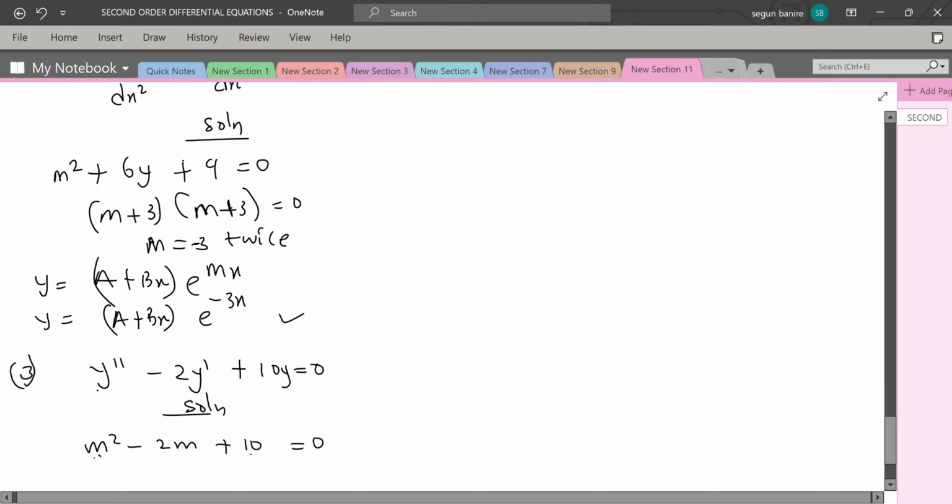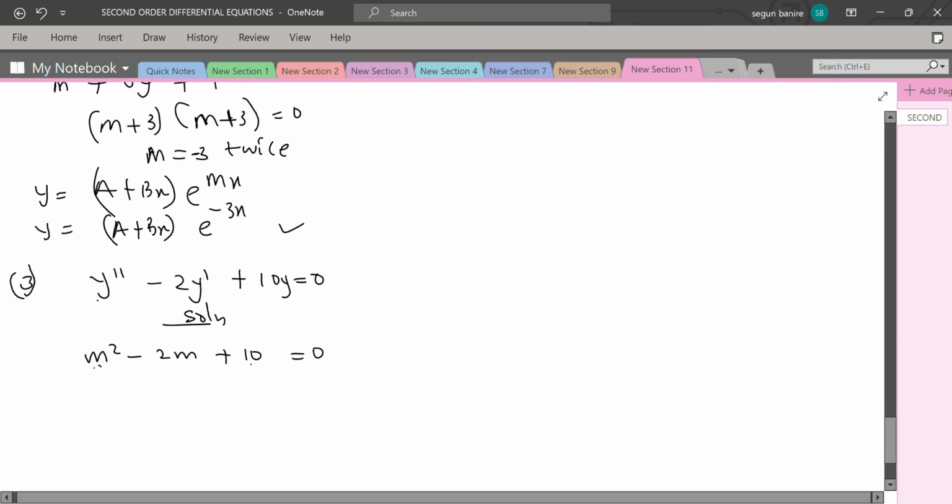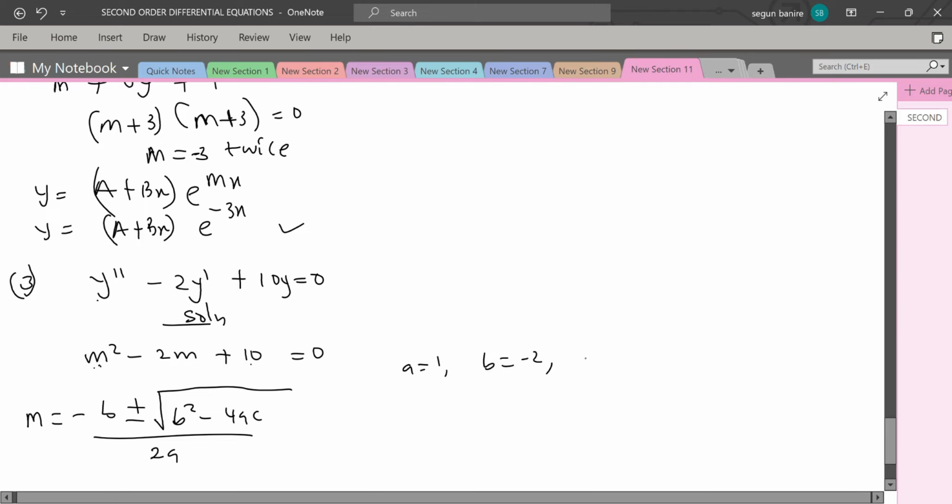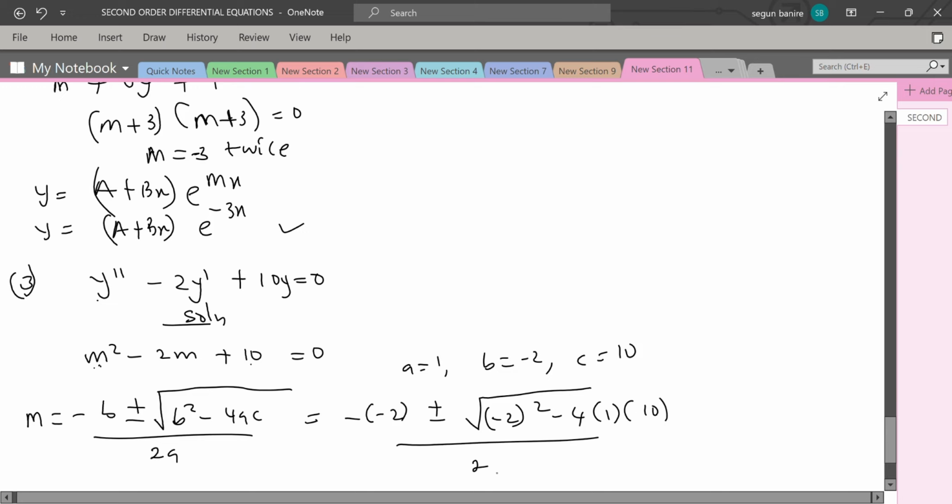There is no pair of factors of 10 that will add to give you minus 2, like the other cases we've considered. So now you use your formula method, which is m equals minus b plus or minus the square root of b squared minus 4ac, over 2a. In this case, a is 1, b is minus 2, c is 10. So insert it here, you get minus of minus 2 plus or minus the square root of minus 2 squared minus 4 times 1 times 10, divided by 2 times 1.